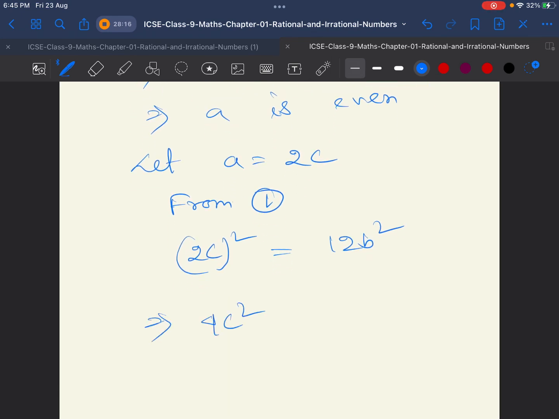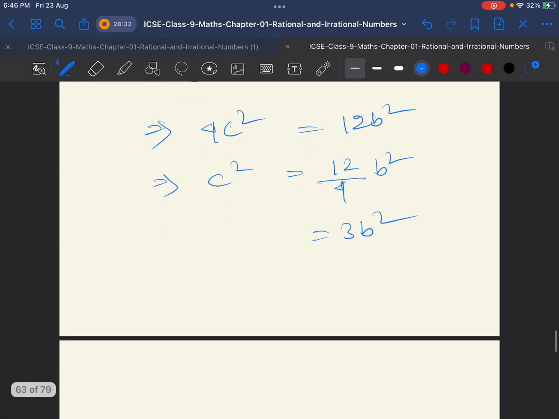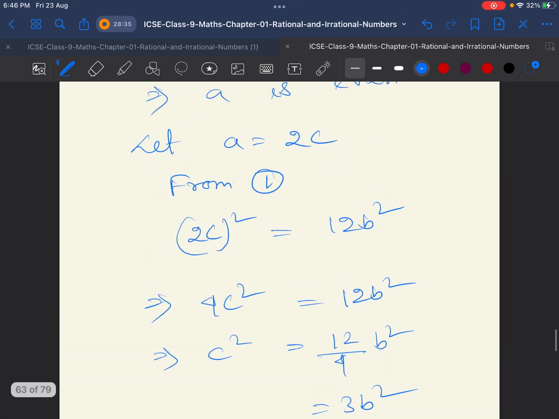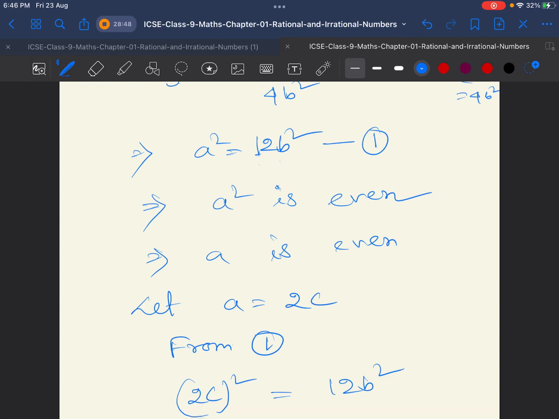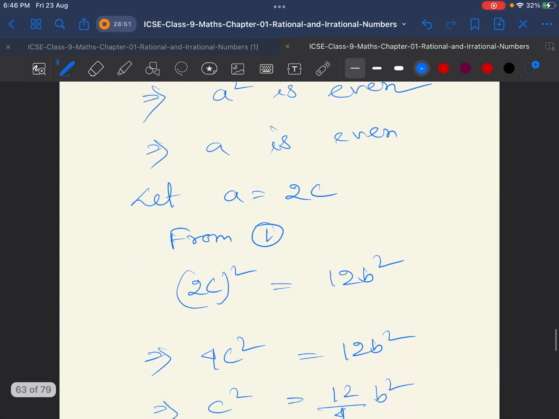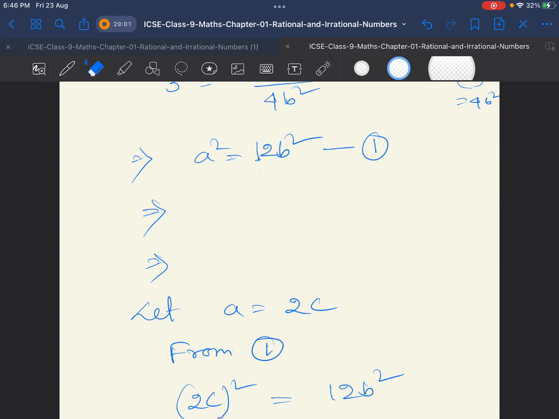Okay, so this is 4c square equals 12b square, so c square equals 12 by 4 b square, so this is 3b square. We can prove in another way.